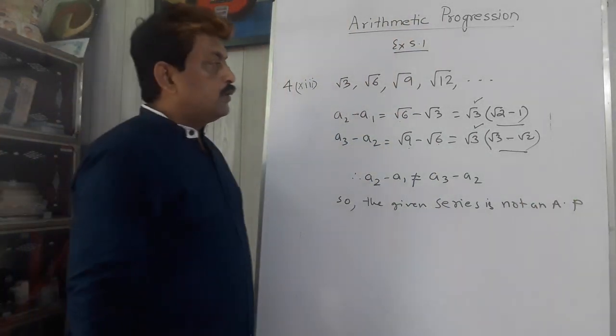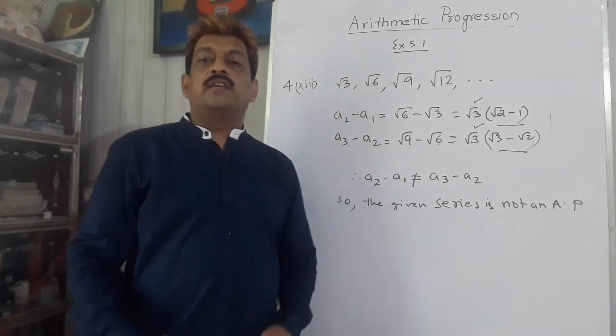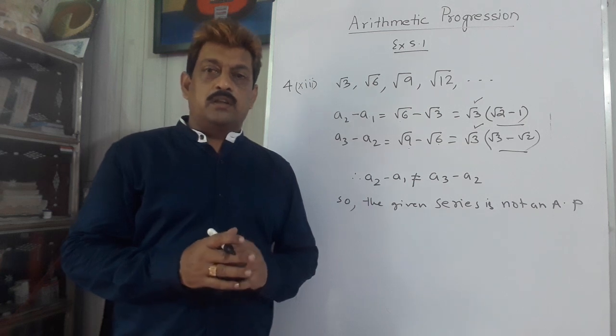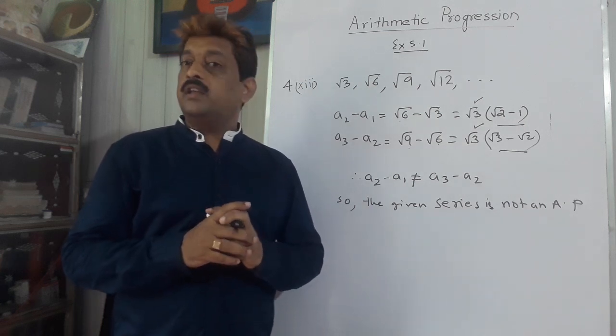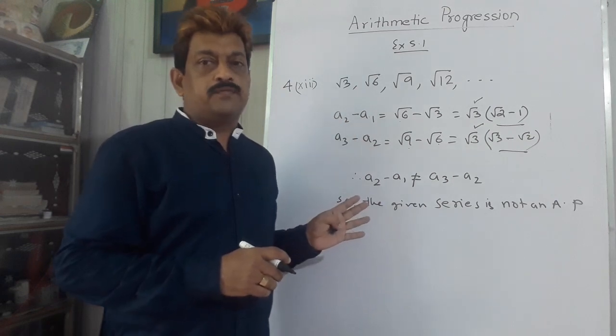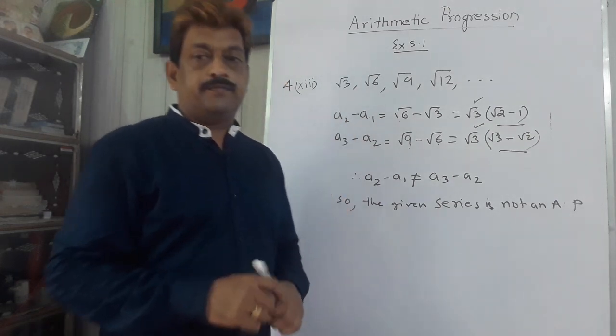Understood? So in this way a pattern will be given to you and you have to determine whether the pattern is in AP or not simply by following these steps. Okay, fine.